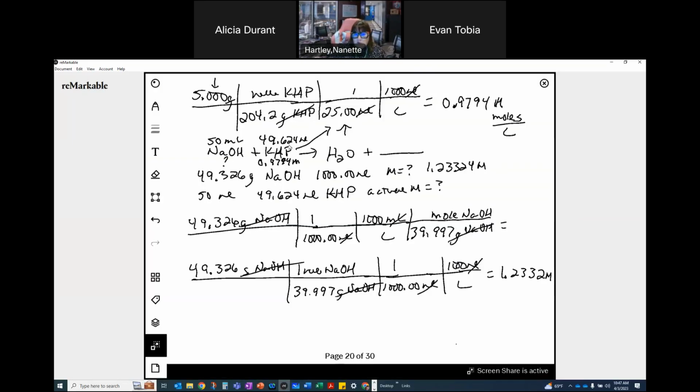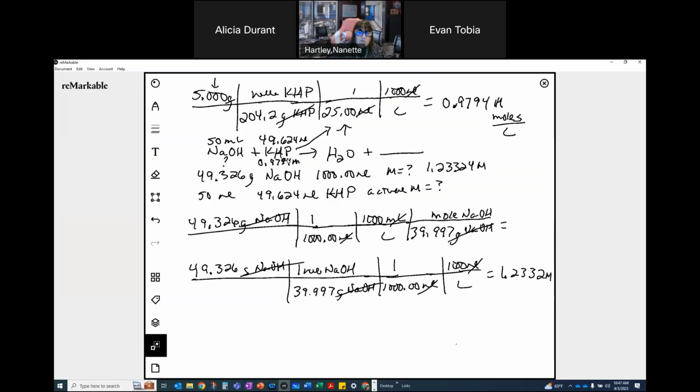So I have a volume for both of these and a molarity for this one. I always start with what I know the most about, right? So I will start with 49.624 milliliters of KHP that was used.